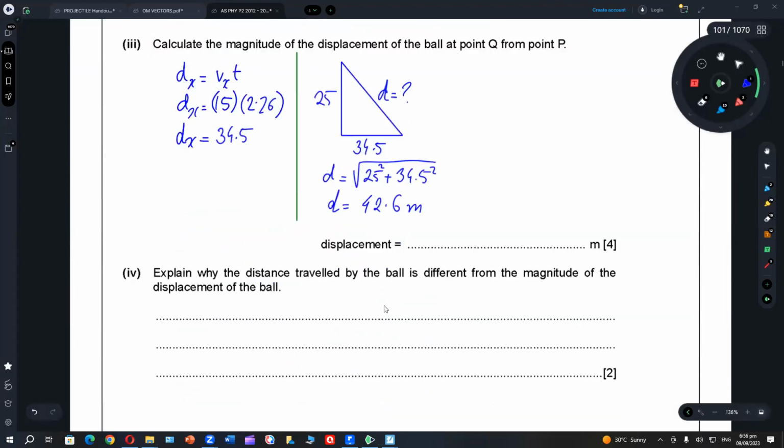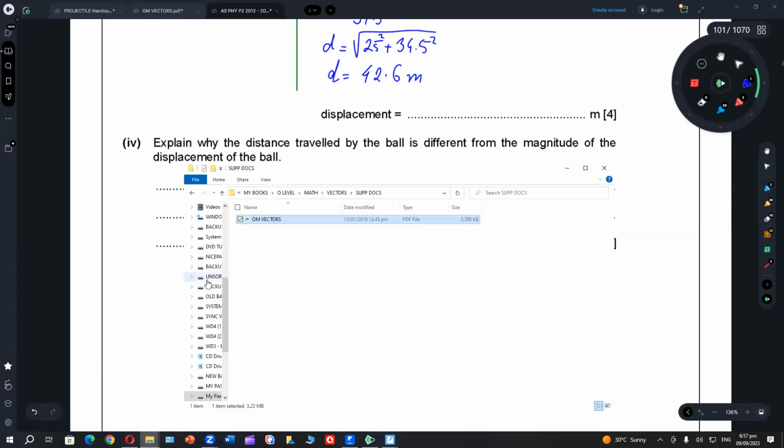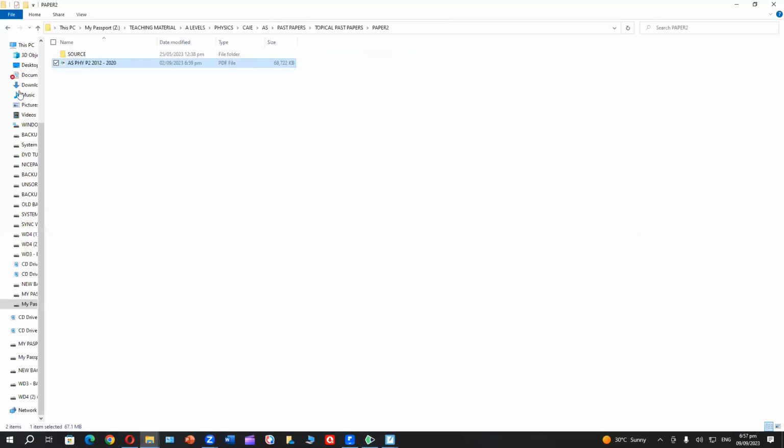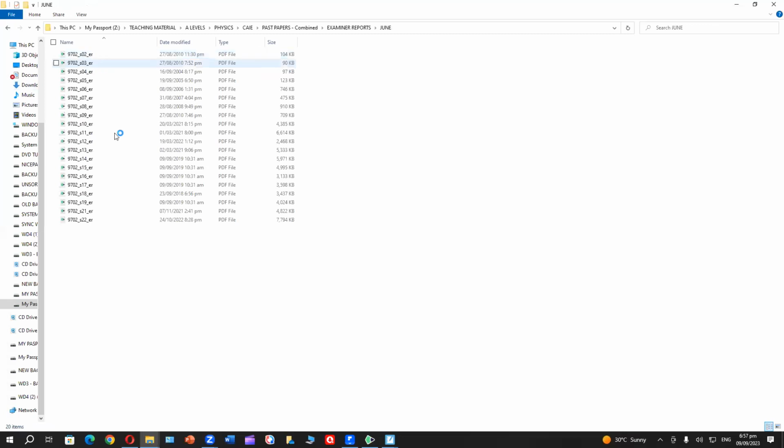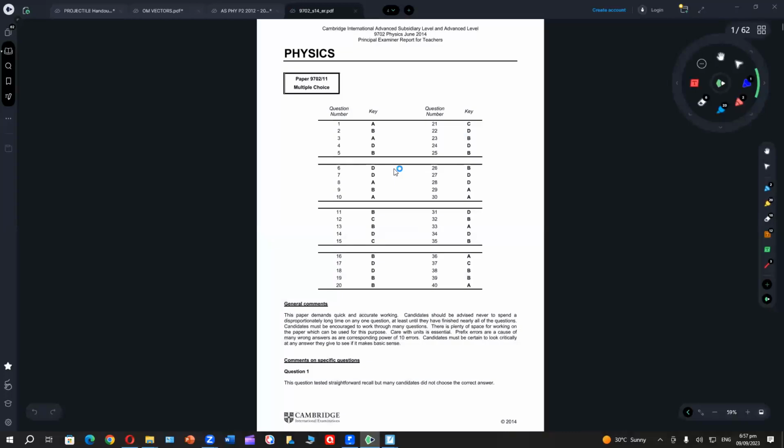Whenever you come across a theory question, it is very recommended that if you get a chance, you should look for the examiner report. Examiner reports are very good when you are discussing theory.